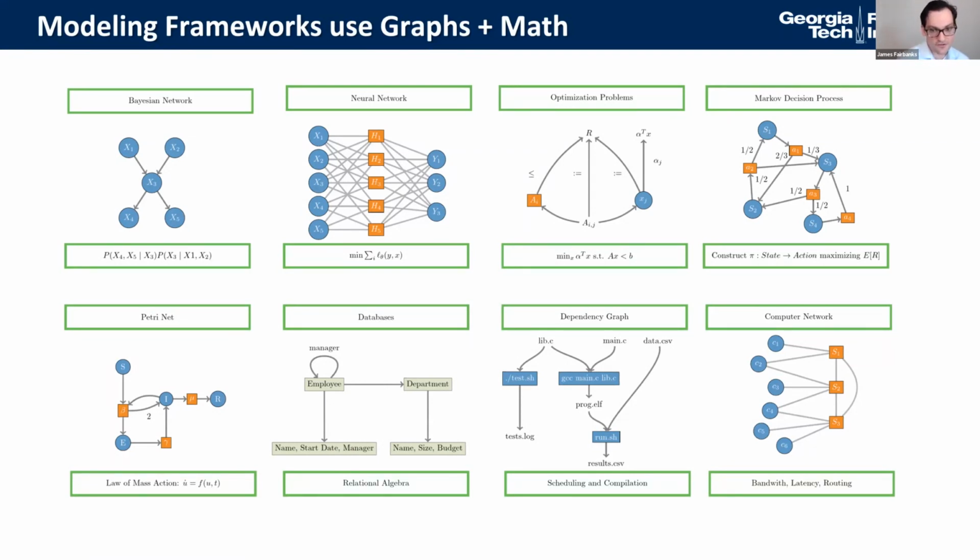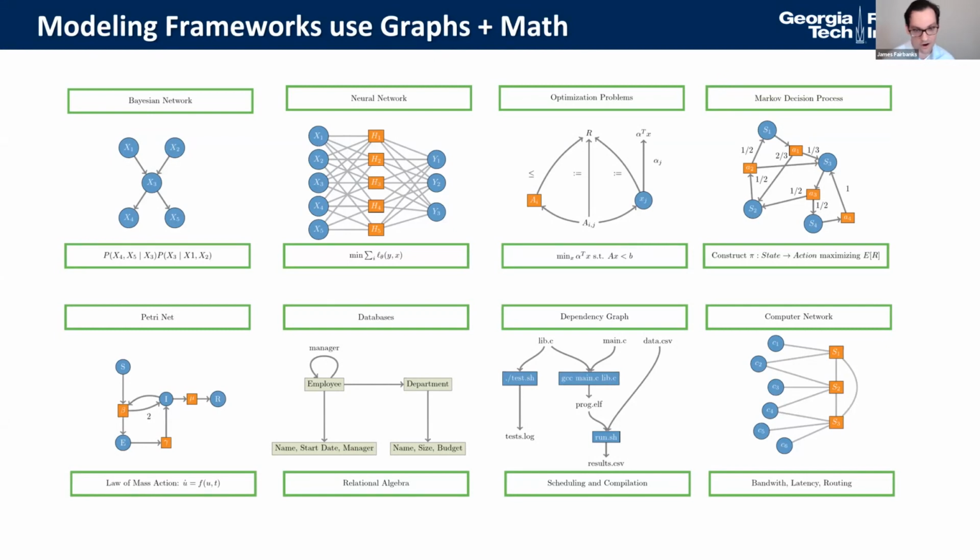But there are lots of things in scientific computing that are like a graph plus a mathematical interpretation of that graph. So Bayesian networks or neural networks, they're like a graph whose vertices are represented by variables and whose edges encode the causal dependence between the variables.